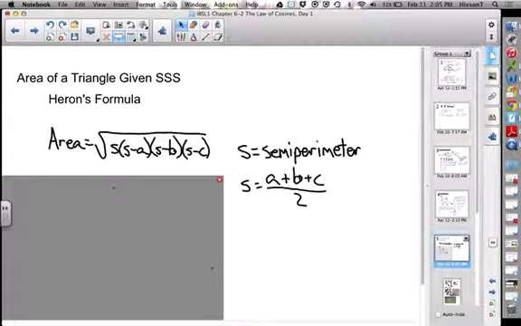The area of the triangle will equal the square root of this whole product. And look carefully at what we're taking the product of. It's the semi-perimeter times the semi-perimeter minus each side. Okay? So s times s minus a times s minus b times s minus c is all inside that square root.